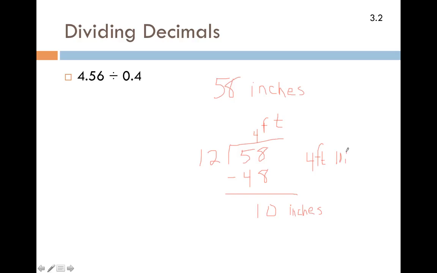Now, let's put this to the calculator and see what the calculator says. Somebody take 58 and divide it by 12. When you took 58 and divided by 12, what did you come up with? That's right, Jared, 4.8333.